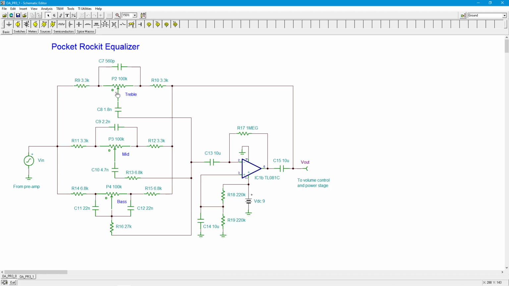That's the middle. Now, if you move the pot this way, toward R9, then you get more of the pot over here for RF. In other words, RF is bigger than RI, so you get boost. And if you do the opposite, if you move the wiper arm over towards R10, you get more of the resistance on the RI side.